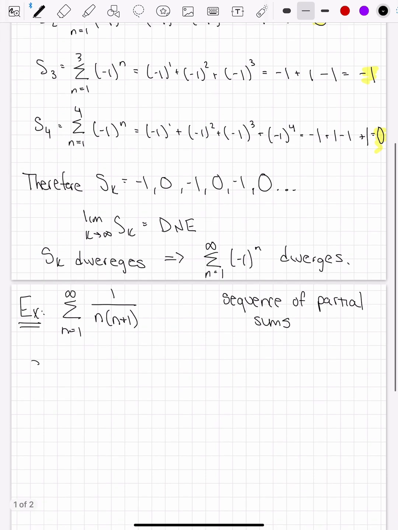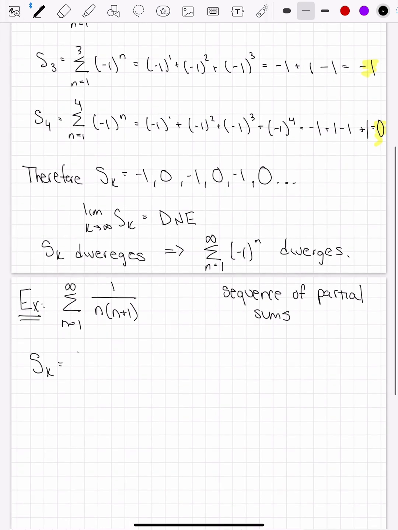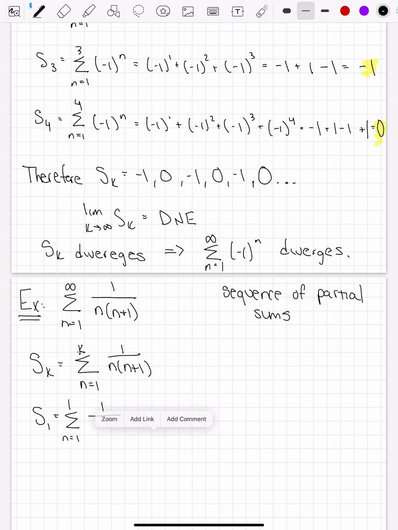So I'm going to change that infinite bound to a finite bound k. Then I'm going to evaluate for different values of k. First I'll start with S1, which is just the sum from 1 to 1 of 1 over n times n plus 1. So this becomes 1 over 1 times 1 plus 1. So that's just 1 over 2.